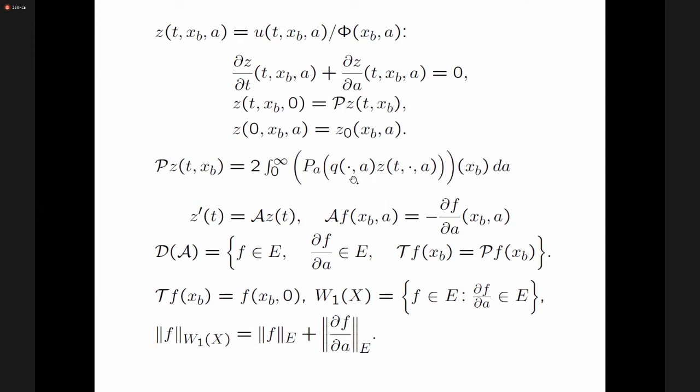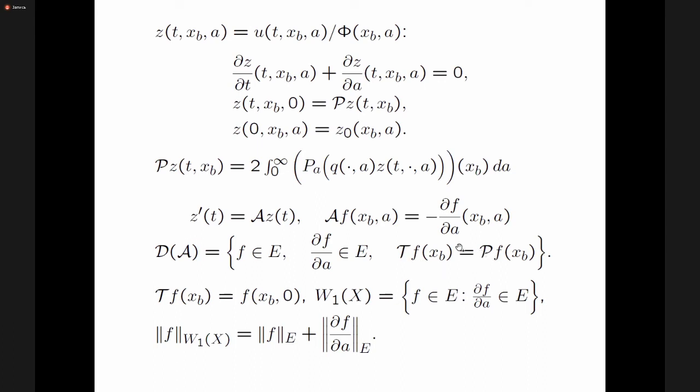In this way, we obtain an evolution equation. We can write it as the evolution equation z prime of t equals some operator A z(t). This operator, we should put it on the right-hand side, so it's minus f times the partial derivative with respect to a. And the domain is functions which have a derivative with respect to a, because we want to have this also. And we have a boundary condition, exactly that one.